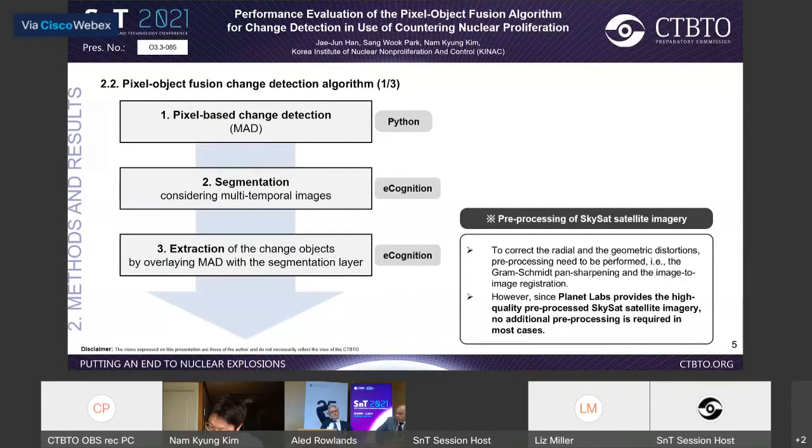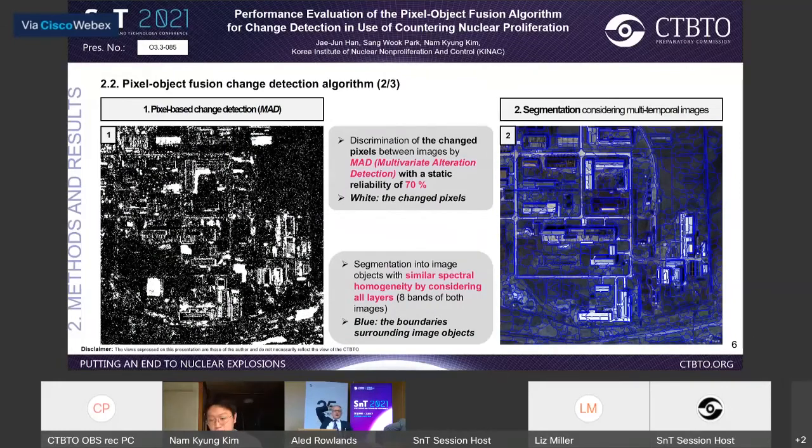However, since Planet Labs provides the high-quality pre-processed SkySat satellite imagery, no additional pre-processing is required in most cases in this study. From this slide, I will explain the results of the algorithm in detail. This slide is about the results of the pixel-based change detection and the segmentation.